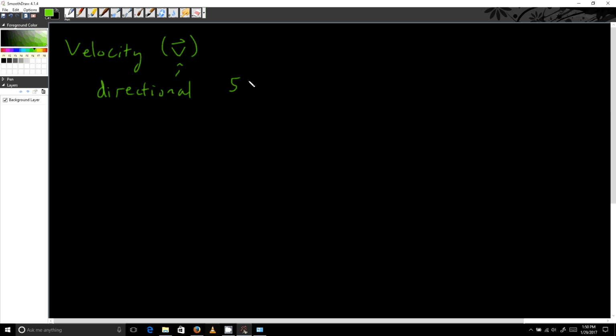So 55 miles per hour to the west would be an example of a velocity, because not only do you have this 55 miles per hour, you can add in this westerly vector, although if I'm to be doing this precisely because you're looking at this on the projector screen, I should probably change this to point in the opposite direction.